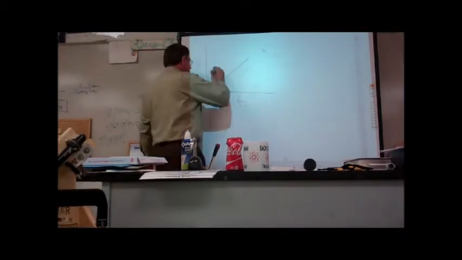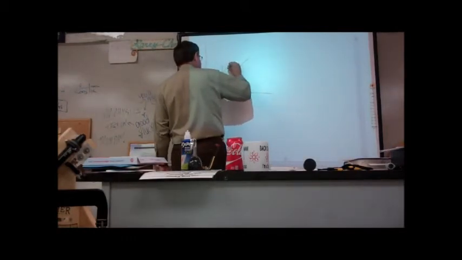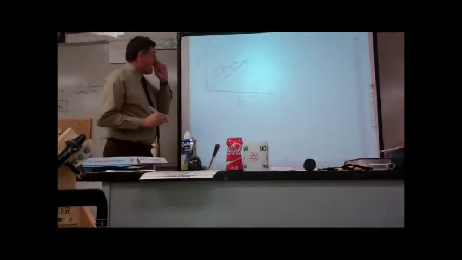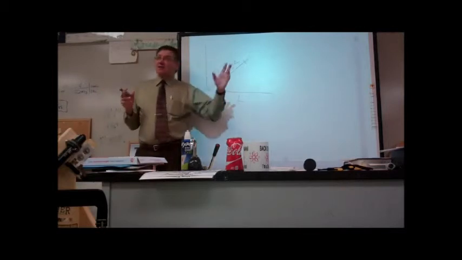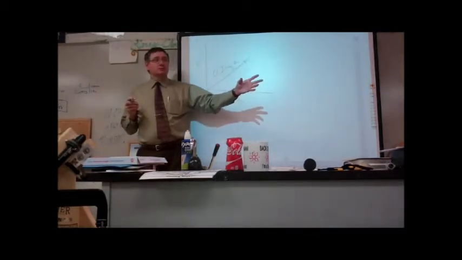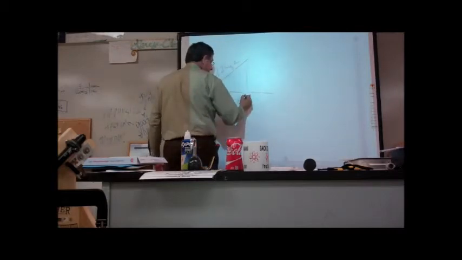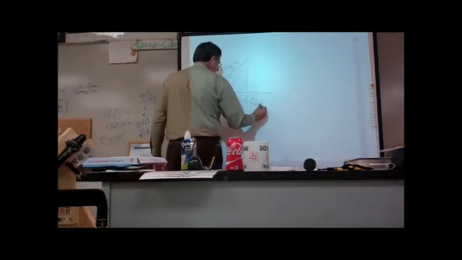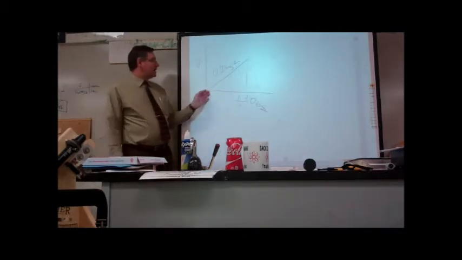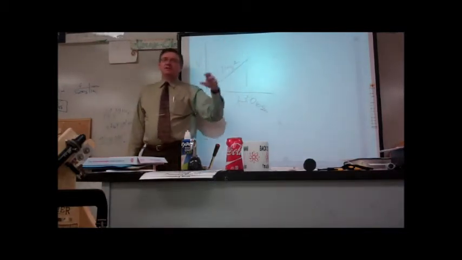So the slope of the line is 0.21 meters per second squared. Now, could I find the final velocity of the cart? Yes. Do I know the time? The time was, what, 3.06? So, how can I figure out how fast the cart is going at the end of that time?